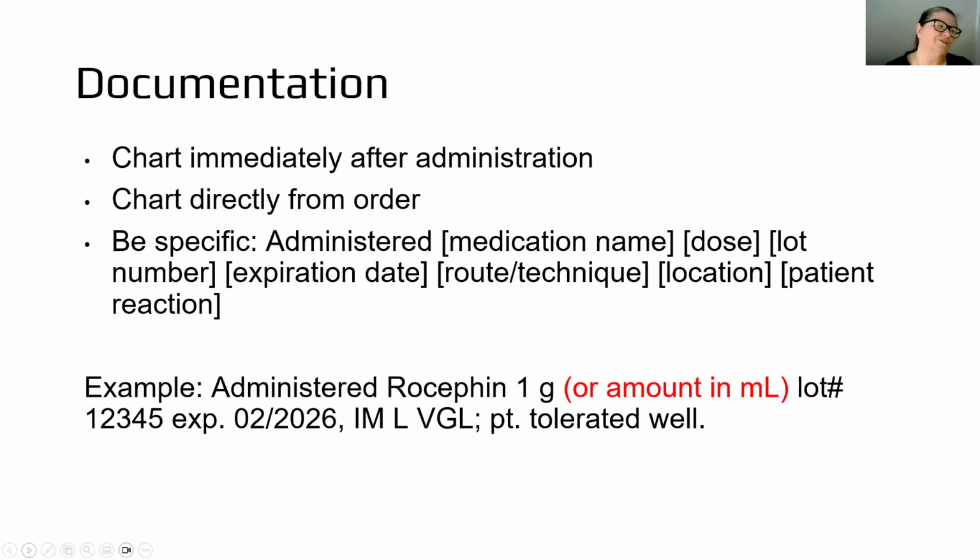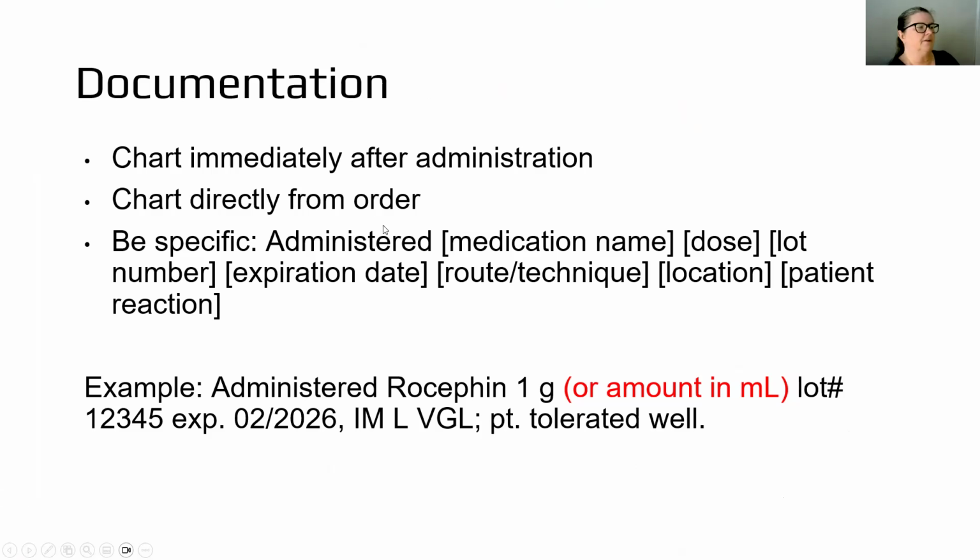All right. So do it after you've given the medication, but do it immediately. Don't be like, oh, I'll go one more patient. I'll do this later, because you will forget. Trust me. Chart directly from the order so that you don't make any mistakes as far as what you gave. And then be very specific. Okay. So this is just an example.